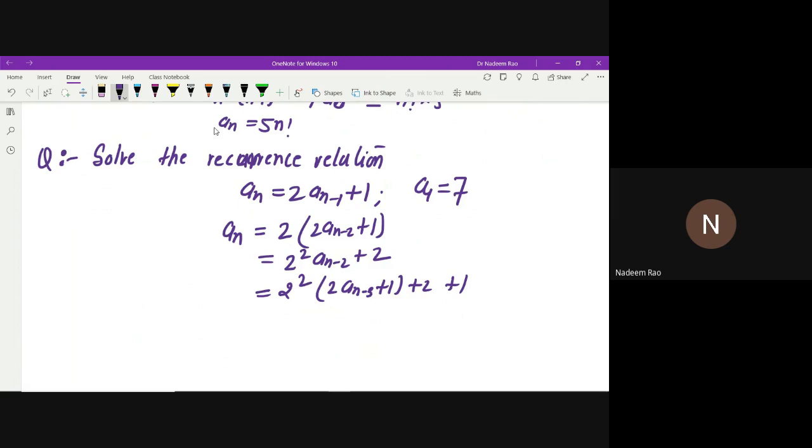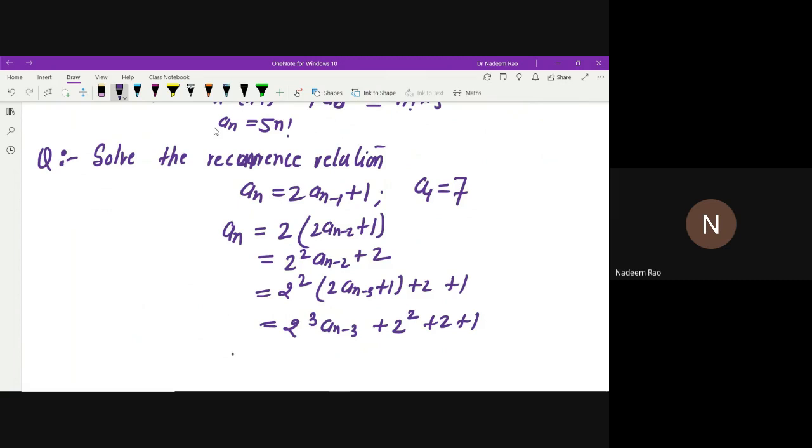So it will be 2 to the power 3 a_{n-3} plus 2 square plus 2 and plus 1.